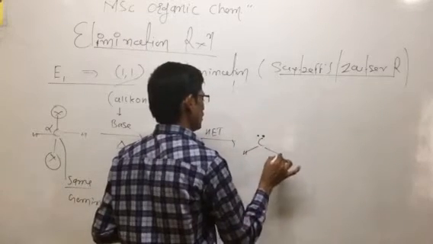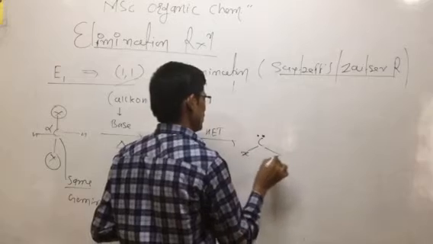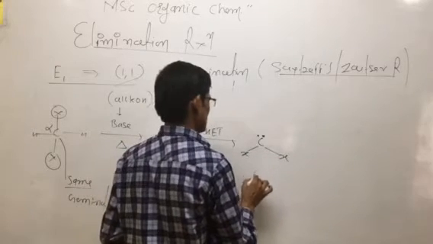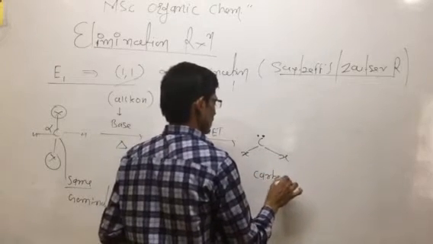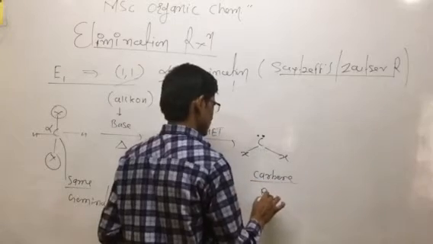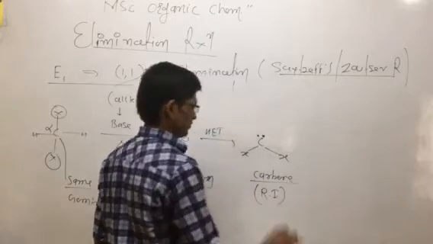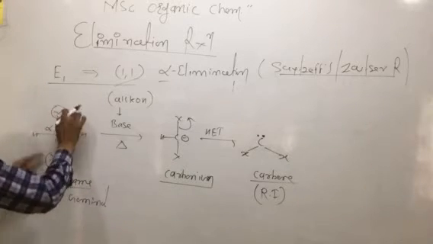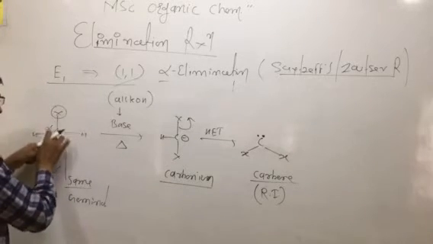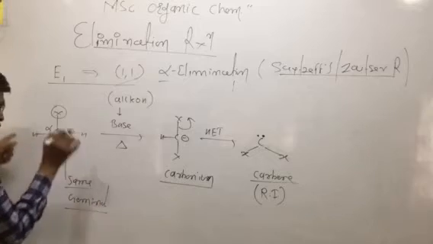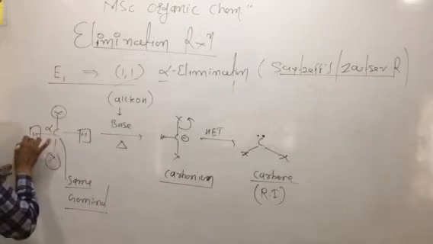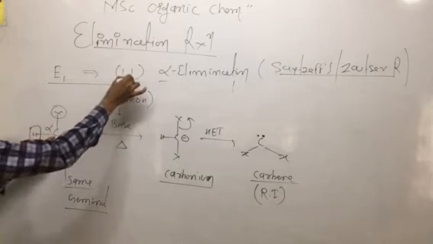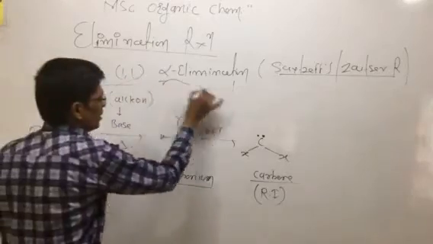This is the carbene, which acts as a reaction intermediate. On the same carbon atom we lost the hydrogen and halogen, that's why we call this 1,1 elimination.